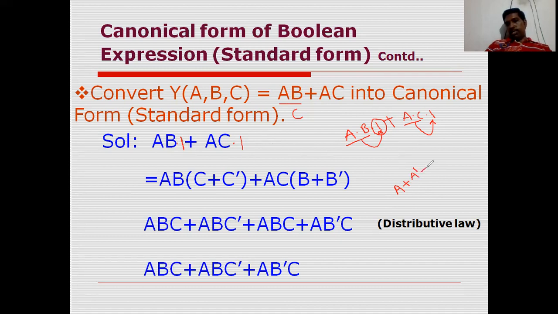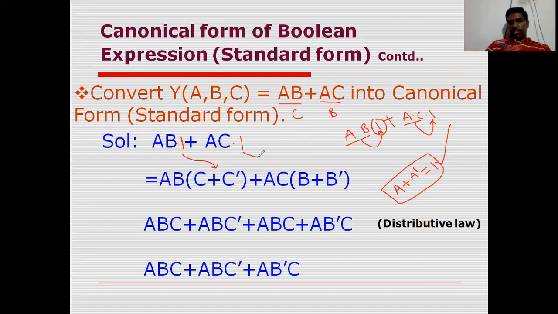Likewise, B plus B bar equals 1, and C plus C bar equals 1. It is a universal property: any literal added to its complement gives 1. As C is missing, I can replace this 1 with C plus C bar. Likewise, in the second term, B is missing.